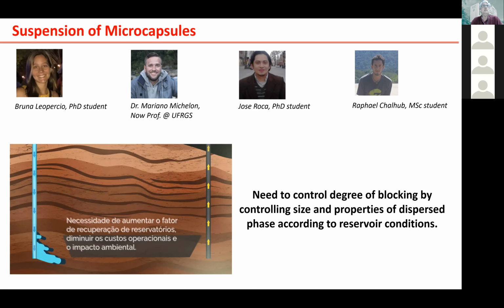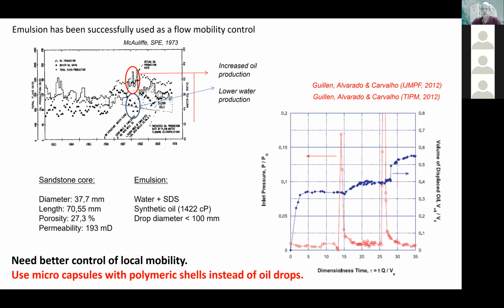Emulsion has been successfully used as flow mobility control. This is an old paper from the early 70s of a reservoir field scale test done by Chevron in the United States. The continuous line is oil production. You can see as time goes by, the oil production is going down.